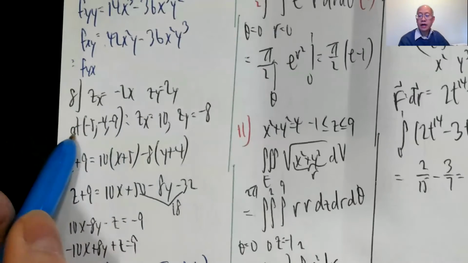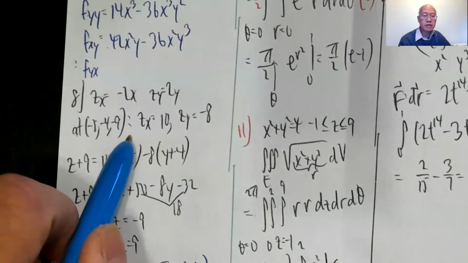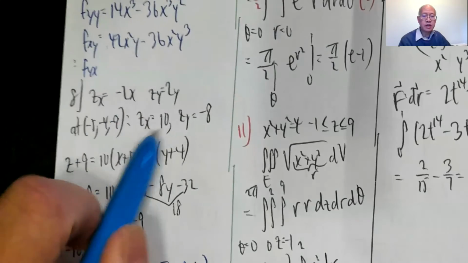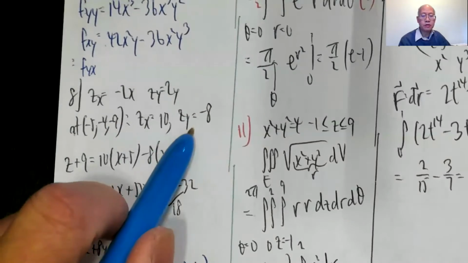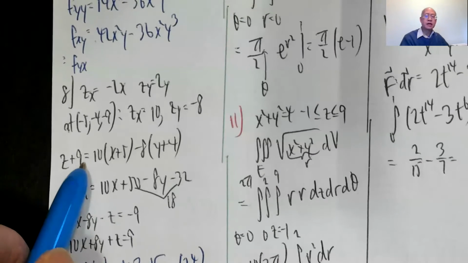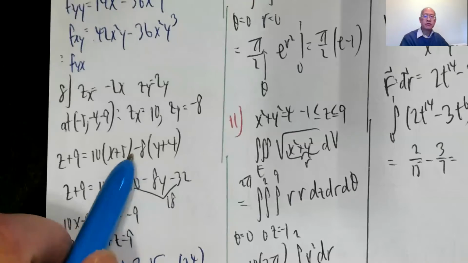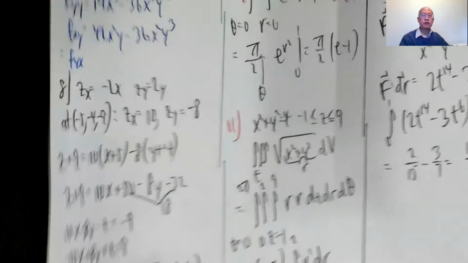Either differentiate this with respect to y or differentiate this with respect to x. Number 8, z sub x is negative 2x, z sub y is 2y. At the given point of negative 5, negative 4, negative 9, z sub x is negative 2 times negative 5, which is 10. Z sub y is 2 times negative 4, which is negative 8. So z minus a negative 9, z plus 9, is fx times x minus a minus 5, plus zy times y minus a minus 4.